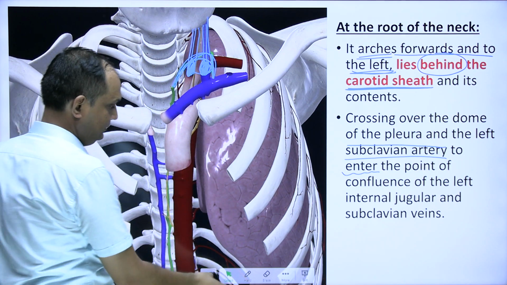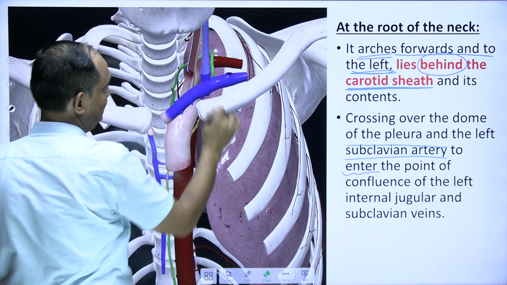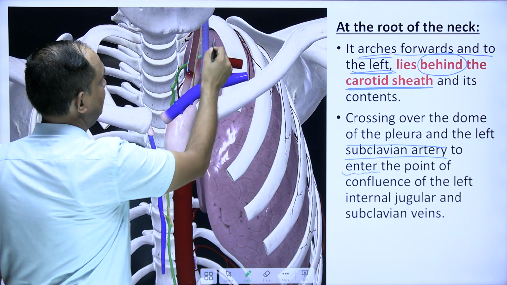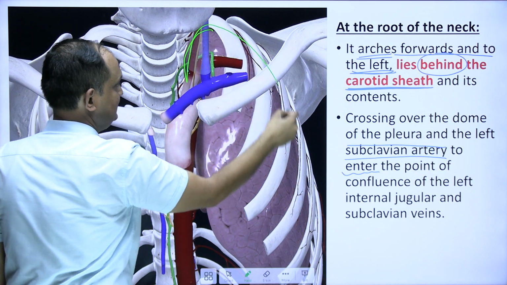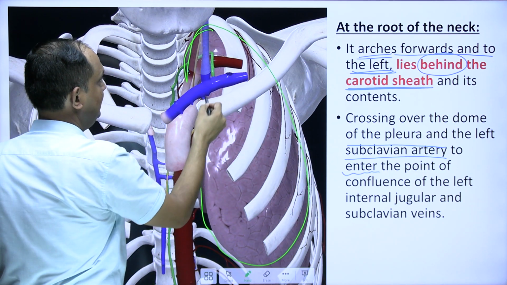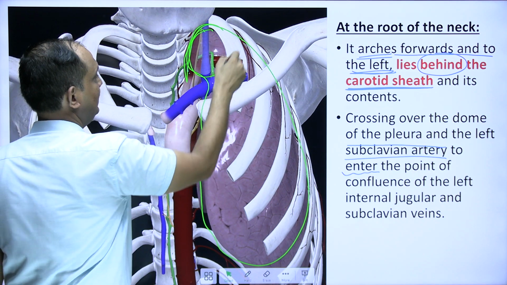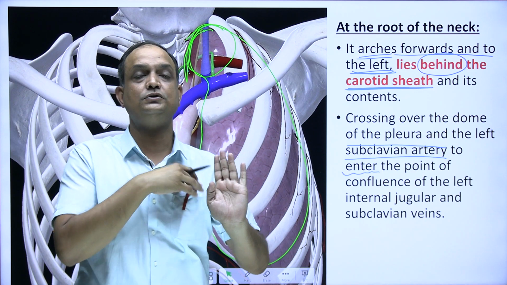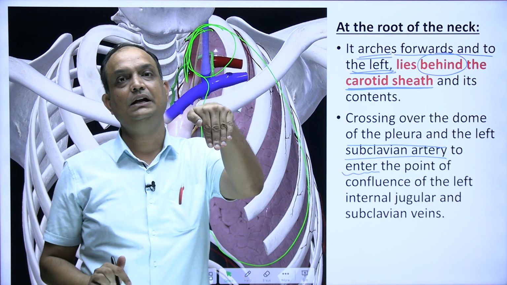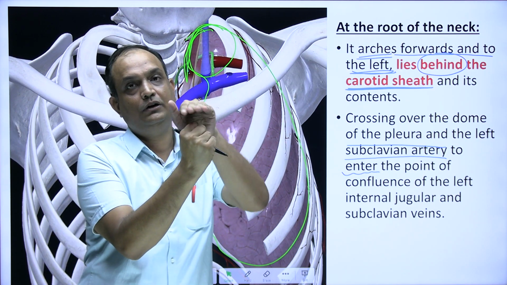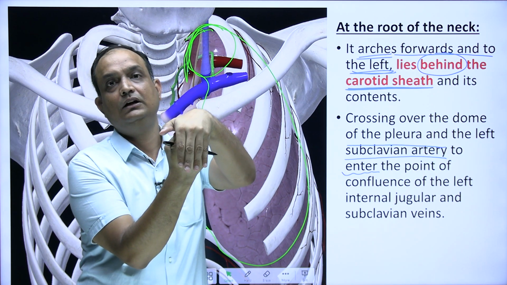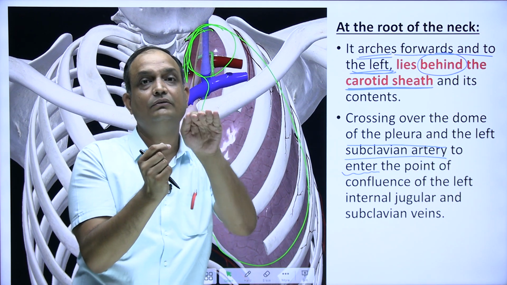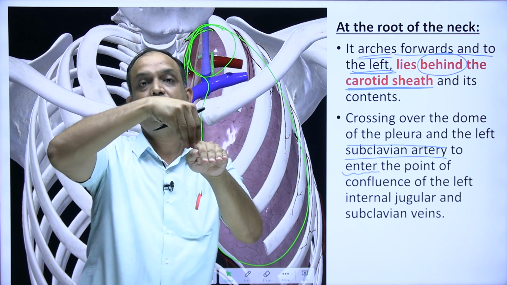So now here you can see this relation also, when you are tracing the lung. Now this is the apex of the lung. You can see that this is the left lung and this is your apex, the upper part of the lung. So when this arch is going from the posterior mediastinum to the anterior mediastinum, it actually lies above the apical part of your left lung, and at the same time the beginning of the arch is behind the carotid sheath.